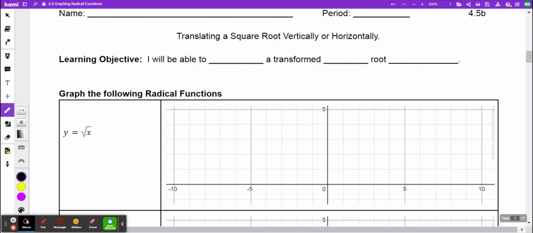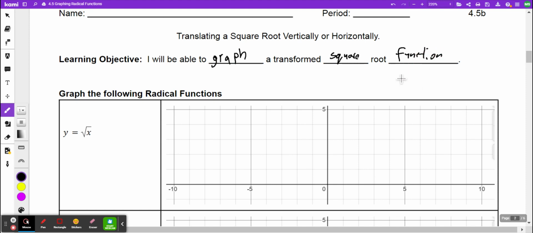Mr. Schultz here as we dive into translating a square root vertically or horizontally. So we're going to be sliding it left, right, or up or down, so I will be able to graph a transformed square root function. What does this mean?